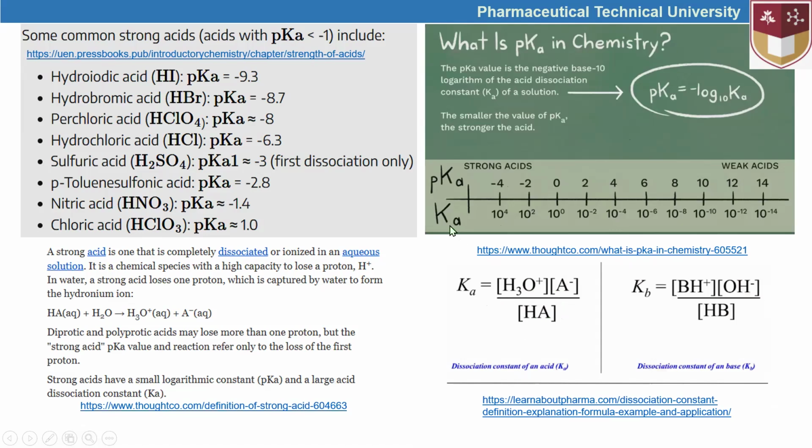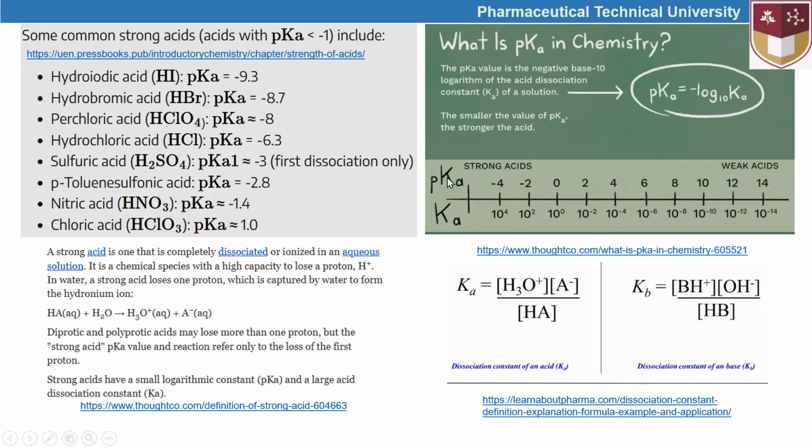Here we can see that the dissociation constant gets higher as we go from weak acid to strong acid. And similar things can be considered for bases. Okay, so this is about the acid.